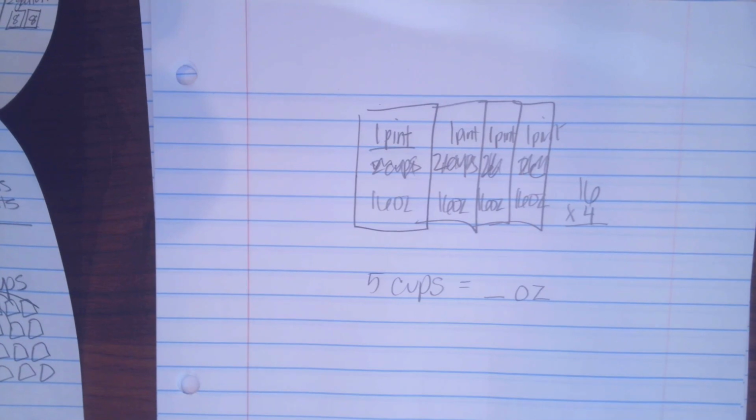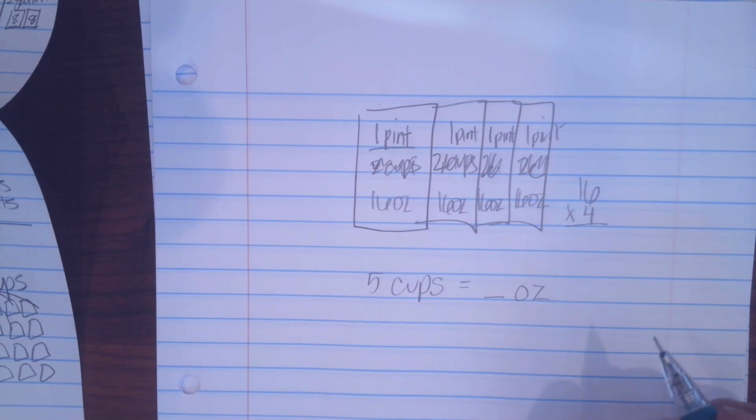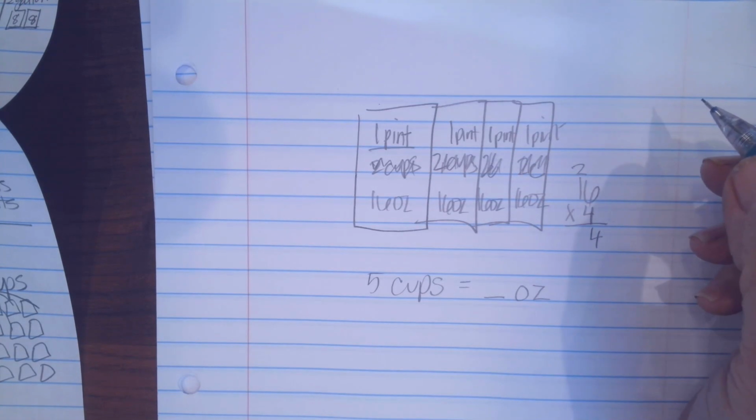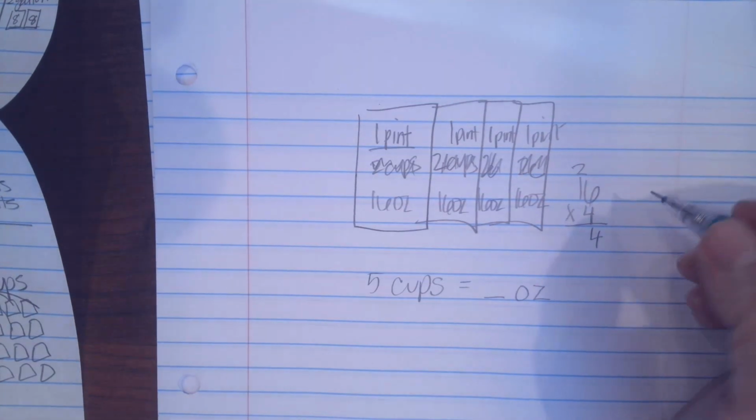So what is 16 times 4? I got 64. Oh, yeah, 64. Yeah.